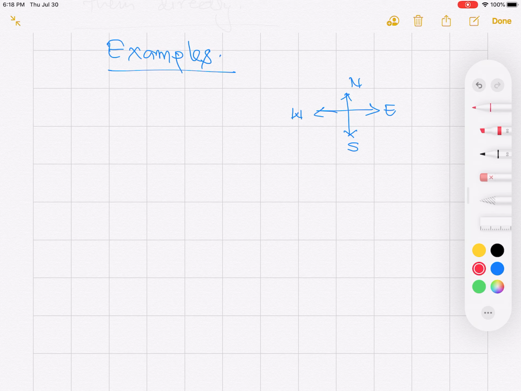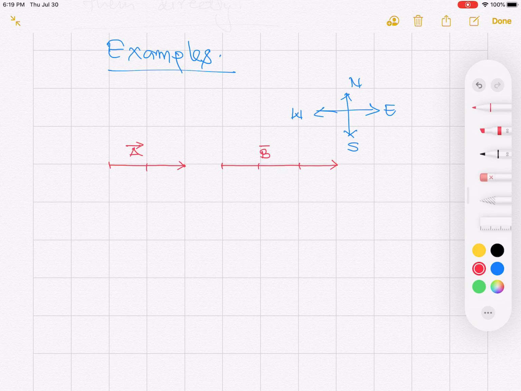Suppose we have a vector A. It has 2 units to the east, and the other vector B is 3 units.